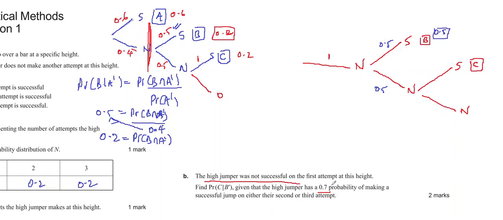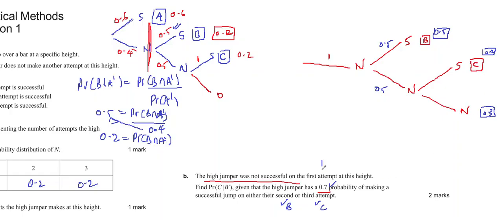And since it's a 0.7 chance of making it on either the second, which is B, or the third, which is C, that must be 0.2, which means that must be 0.3, because they either make it on the second, or they make it on the third, or they don't make it at all.